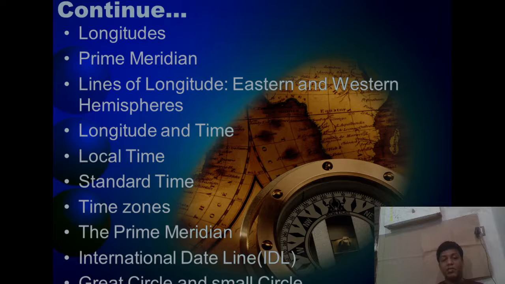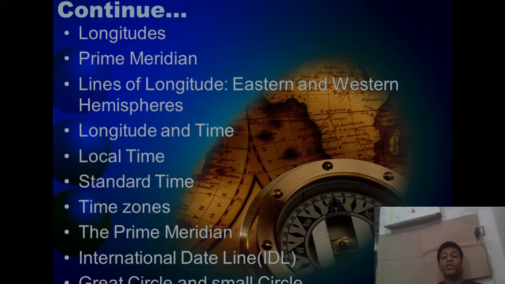This is very important: local time, standard time, time zones. How can you calculate, if in India it is 11:10 p.m., what is the time in USA? What is the time in Australia? And what is the practical reason for this?